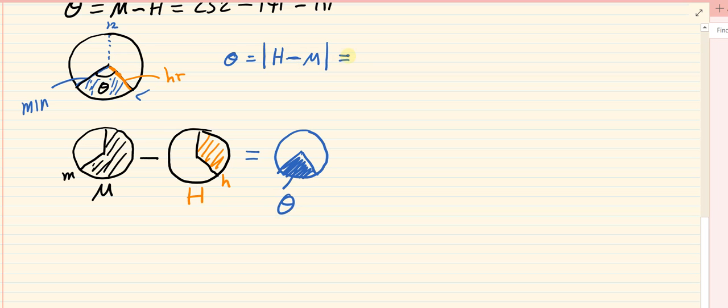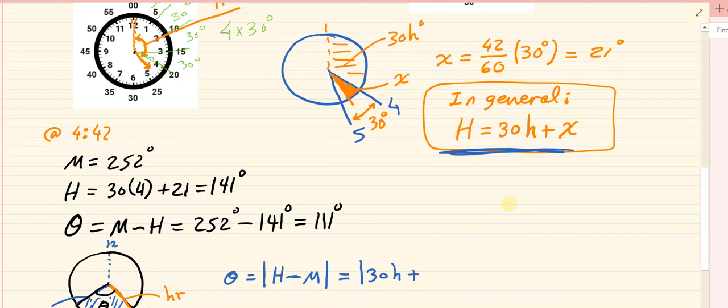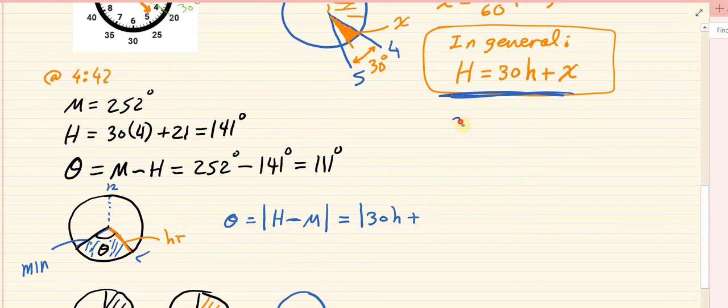So now let's generalize again our findings here. I have H up here. H is going to be 30h, little h that is, plus x. Oh, and we need to generalize x, by the way. In general, x is going to be whatever the minute portion of your time is divided by 60 minutes.